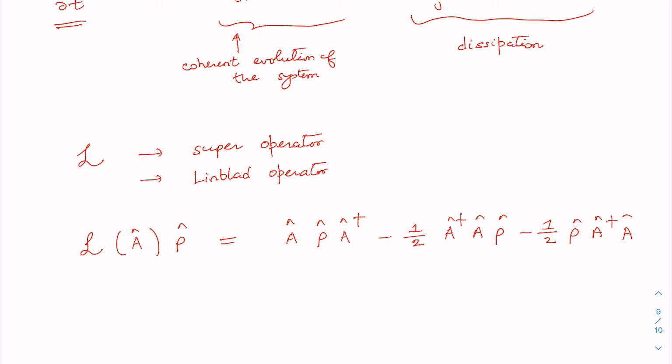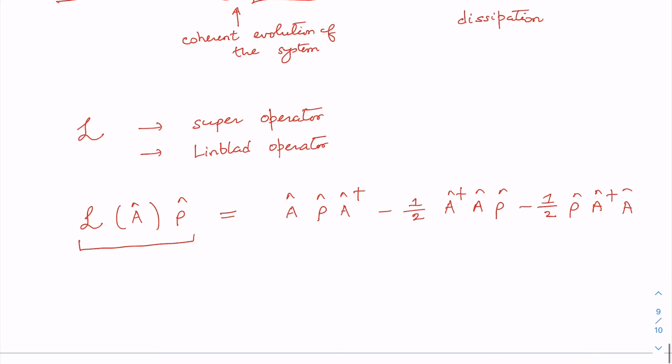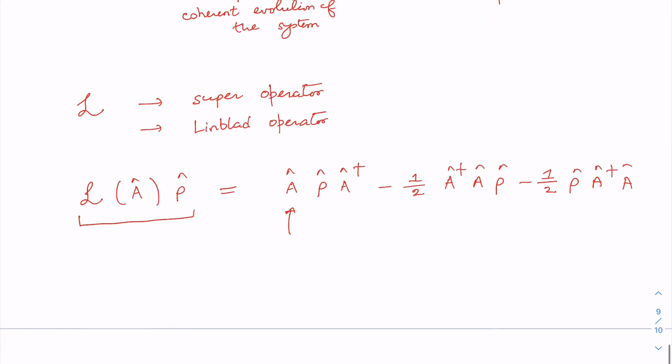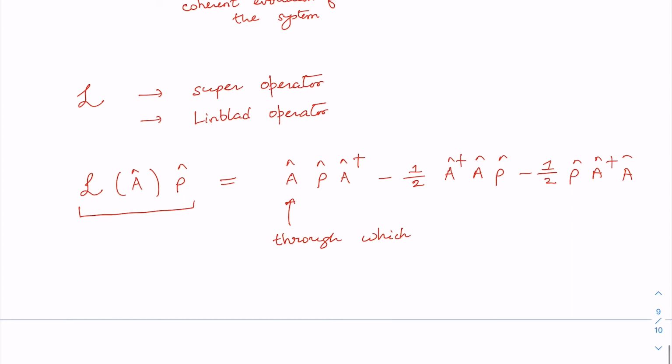This arbitrary operator A is the operator through which the system gets coupled to the environment, or through which the environment couples to the system.